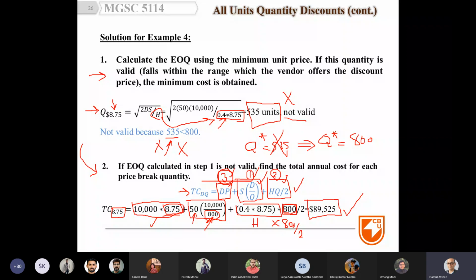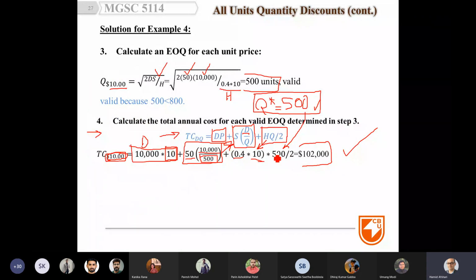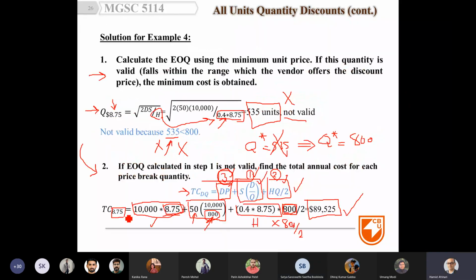Okay. For the a little bit more expensive one, how much is the total cost? 102,000. So which one is cheaper? The first one is cheaper. Okay, $8.75 is cheaper.